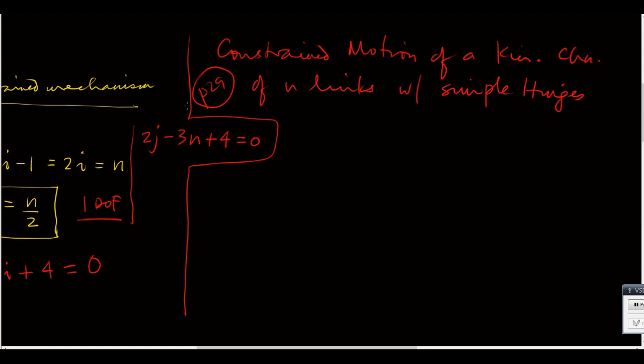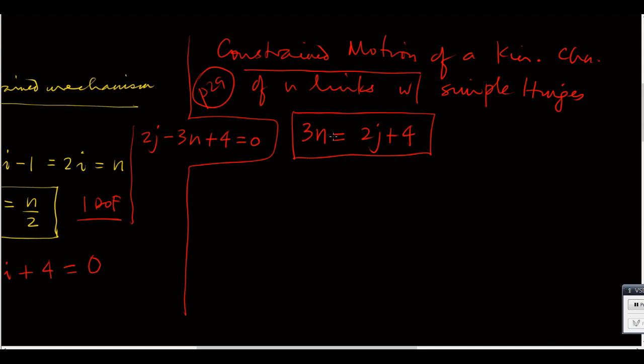All right. So now, what have we got? We have got 3n is equal to 2j plus 4. Why? Constrained motion, single degree of freedom. This we have got. Now let us say n is 4, right? So what is the minimum number of n? We've got n is greater than or equal to 4.